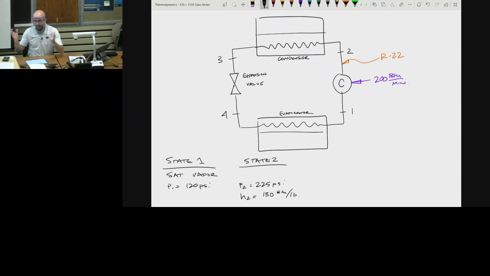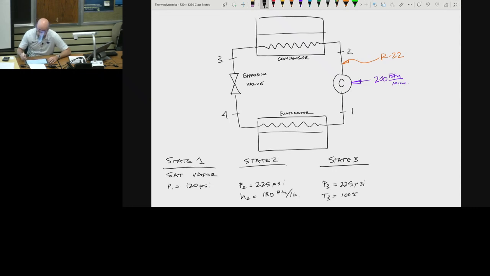It's going to condense that vapor into a liquid, and it'll go to state 3. State 3, we know that the pressure at 3, there's no pressure drop, which is 225 psi, and the temperature at state 3 is going to be equal to 100 degrees Fahrenheit.